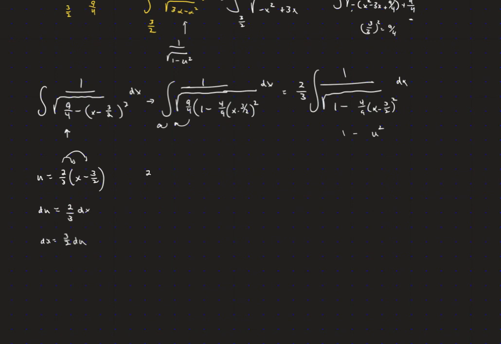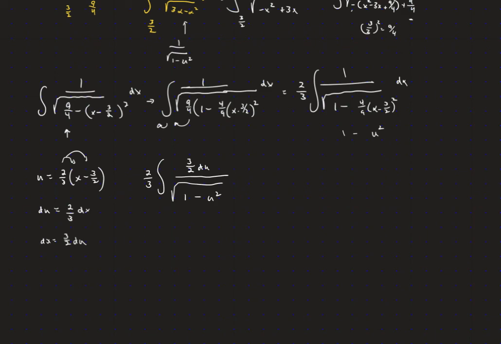So we had our 2/3 integral. The dx we're going to call 3/2 du. We have in the denominator the square root of 1 minus, and that's just going to be our u squared.